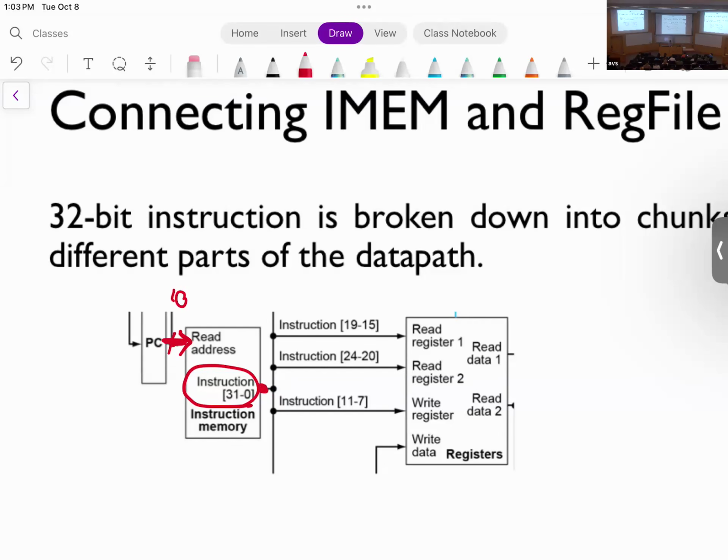Then I'm going to literally hardwire it this way to the register file. So I'm going to connect 15 to 19 to read reg 1. I'm going to connect 20 to 24 to RS2, sorry. And I'm going to connect 7 to 11 to write the RD, okay? So this is literally just hardwiring connection between the register file and output of the instruction memory, okay?